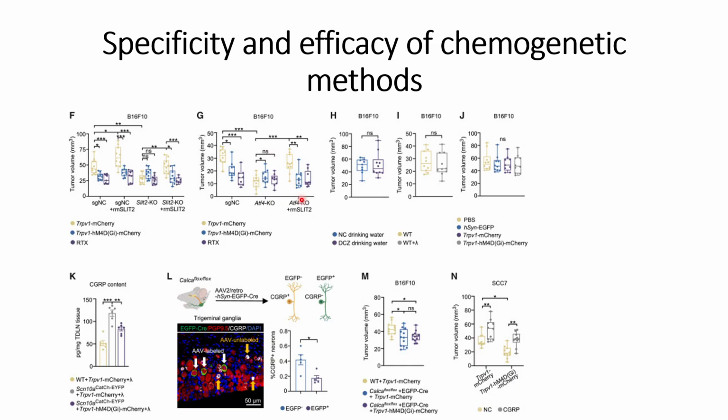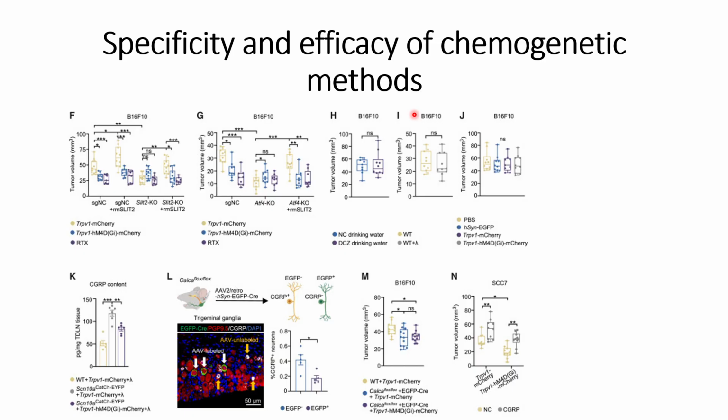And in this case also, when recombinant Slit2 is reintroduced in these ATF4 knockdown B16F10 cells, they can see that tumor suppression abilities are regained by both systems. So figures F and G indicate the importance of Slit2 and ATF4 in the process.